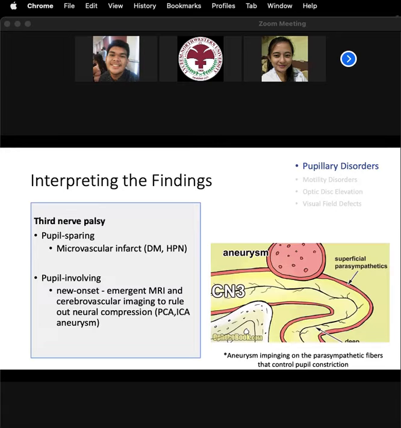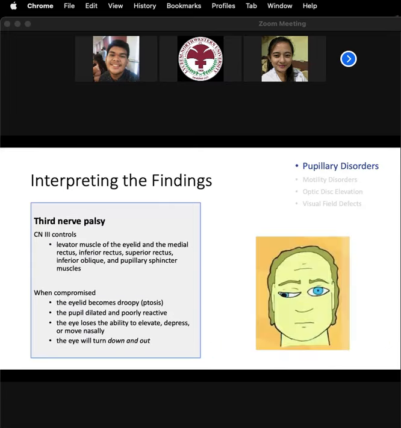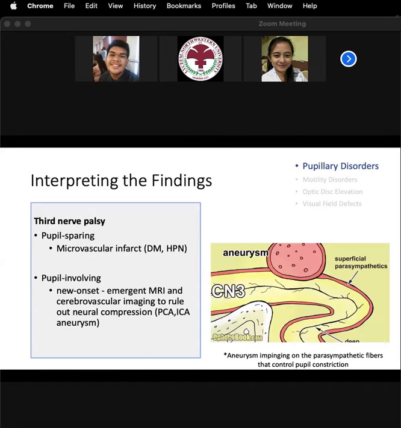When you have a cranial nerve 3 palsy, it can involve the pupil, or it can also spare the pupil. For this picture, of course, it's dilated, so you call that pupil involving. Pupil sparing would be due to microvascular infarct, because of diabetes, hypertension.